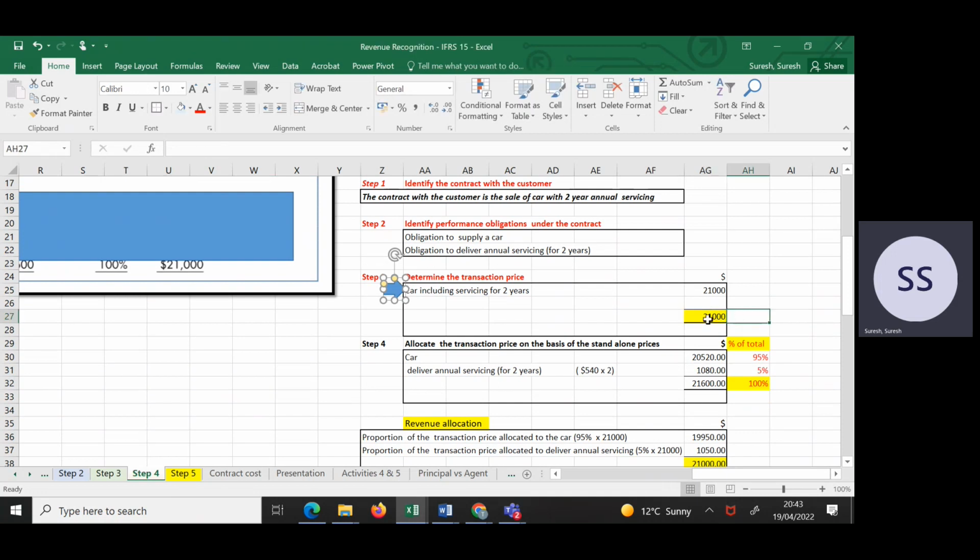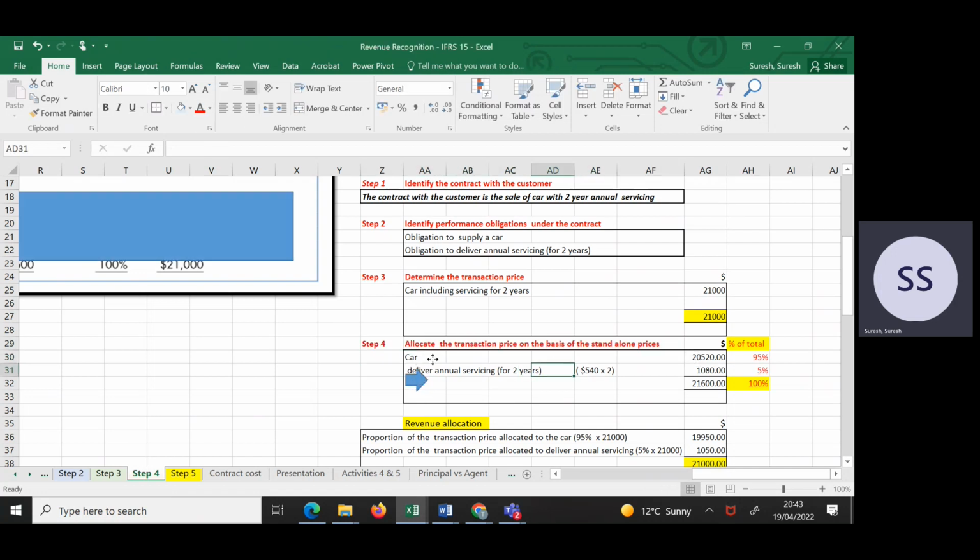Basically, this is the revenue that I need to split, right? So now I need to split this revenue based on the standalone prices. Before I start splitting between the two performance obligations, I need to find the standalone prices. That's my next target now.